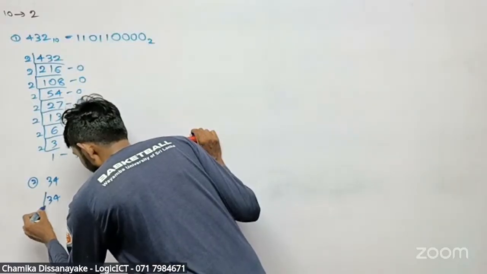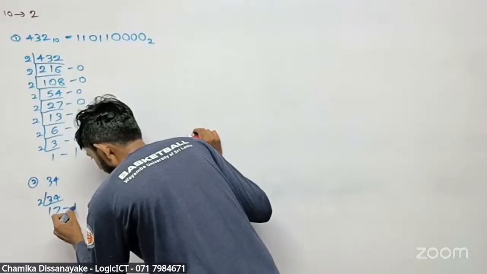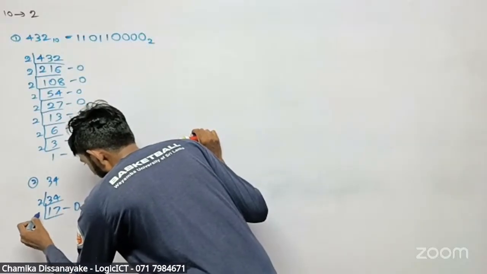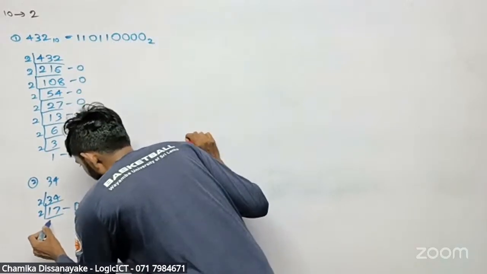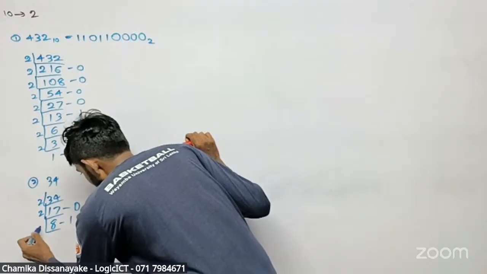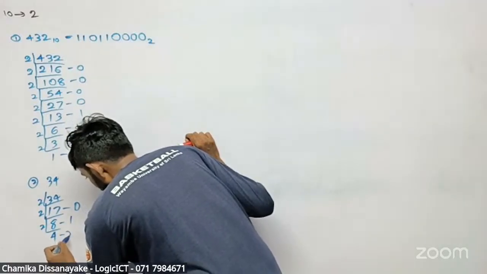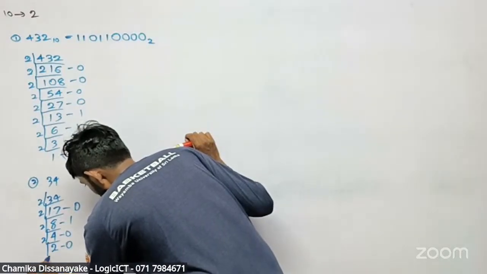34 divided by 2 is 17, 0 remainders. Again we divide by 2. For 16, there are 8, 1 remainder. Again 4, 0 remainders. Then 2, 0.